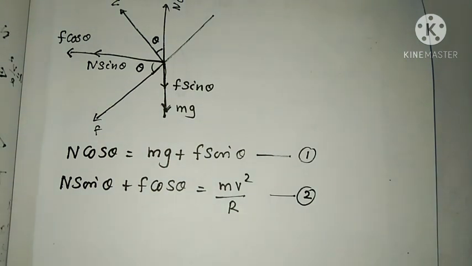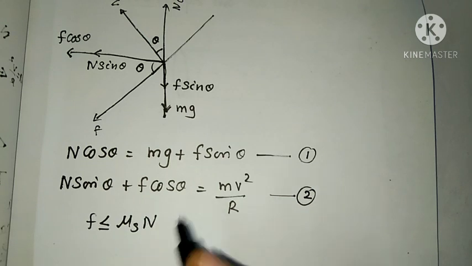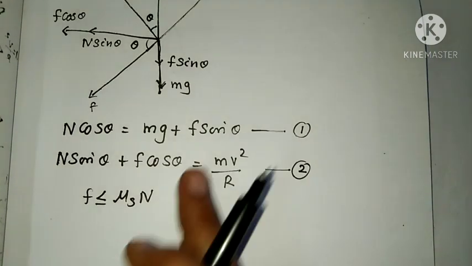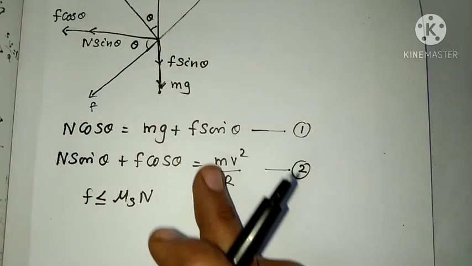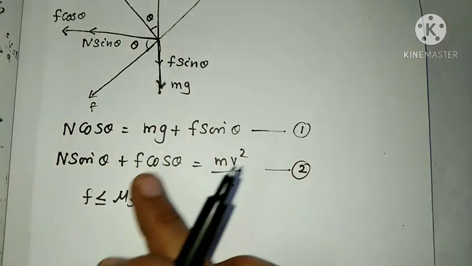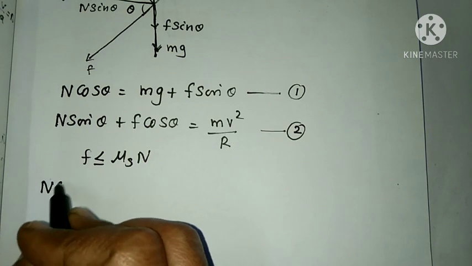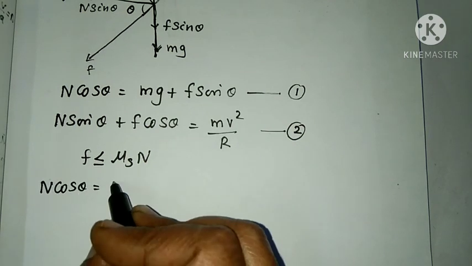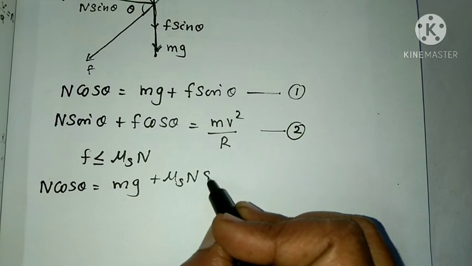You know that F equals mu s N. From the law of static friction, F is less than or equal to mu s N. So we can substitute this value of F in the first and second equations. We can write N cos theta equal to mg plus mu s N sin theta.